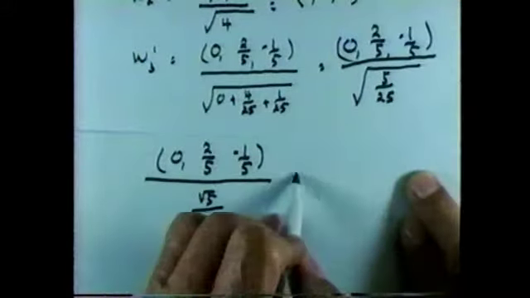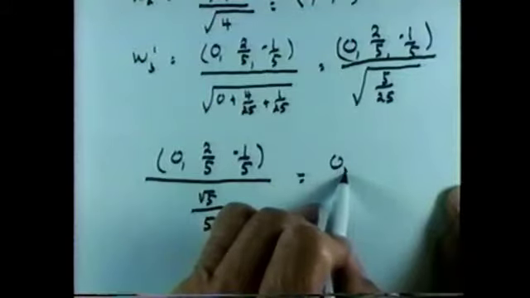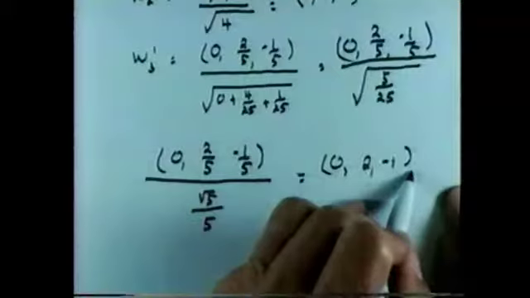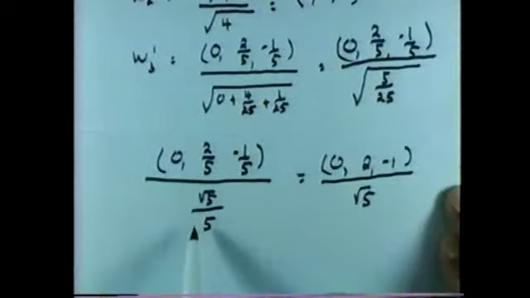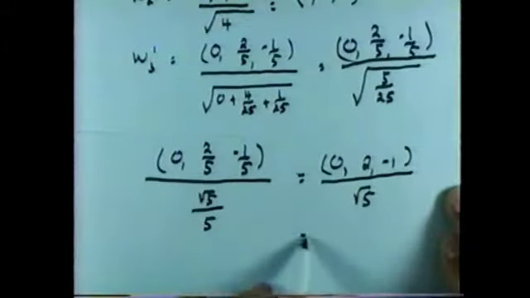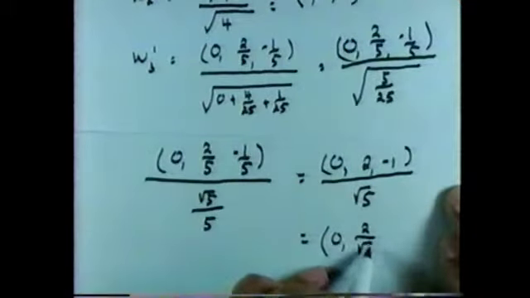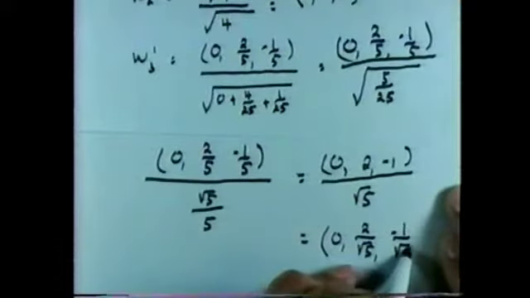Invert and multiply. It's going to be (0, 2, negative 1) divided by the square root of 5, because when I invert and multiply, I'll be multiplying the top by 5. So that would be (0, 2 over the square root of 5, negative 1 over the square root of 5).